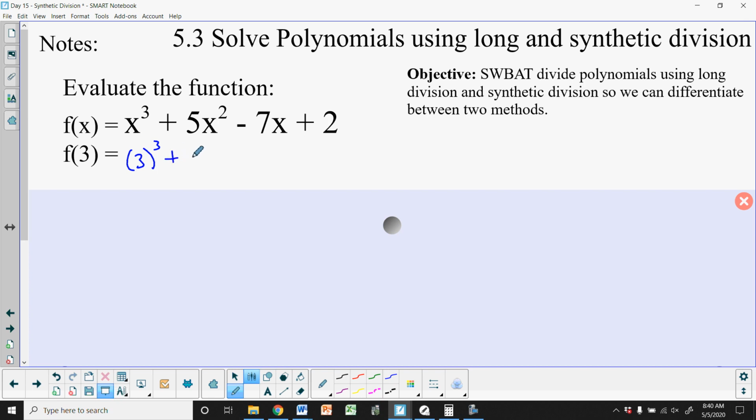So we have plus 5 times 3 squared minus 7 times 3 plus 2. And this is something that you could type into your calculator. We know that 3 cubed is 27, 3 squared is 9.